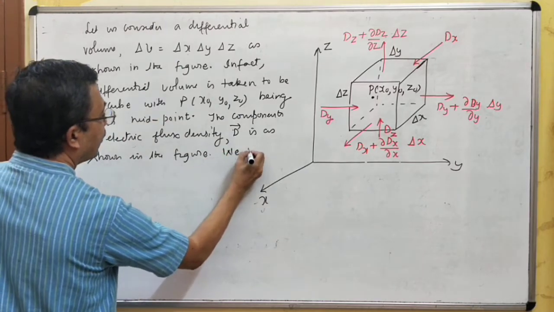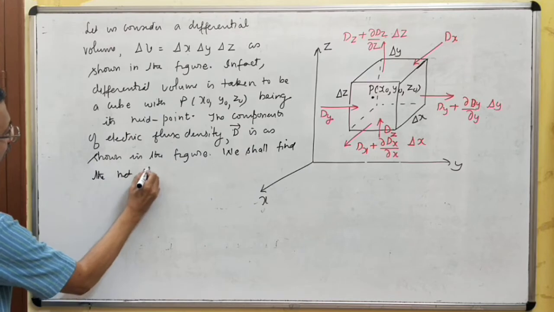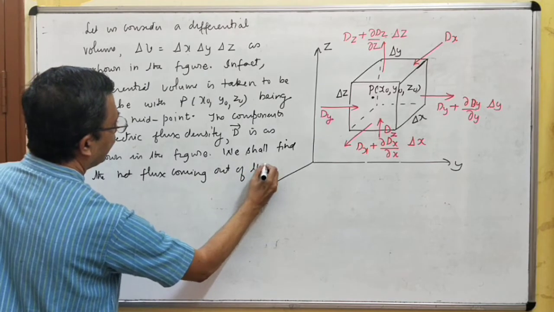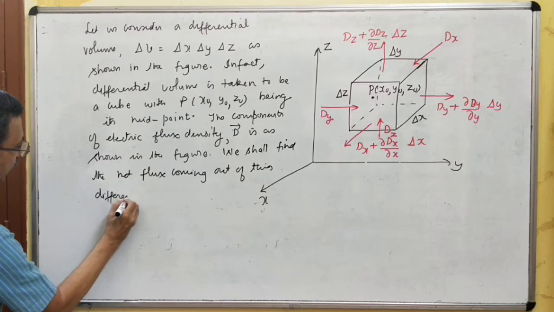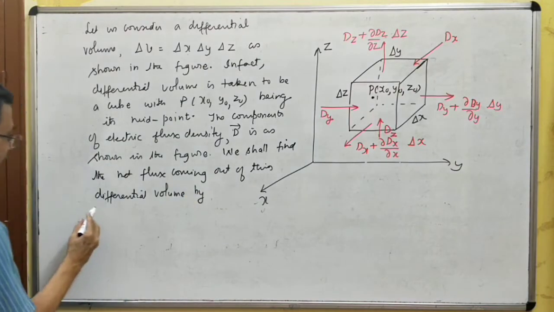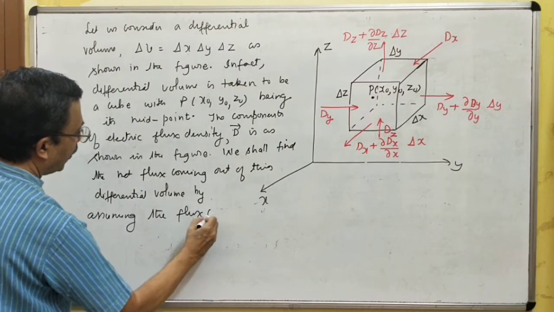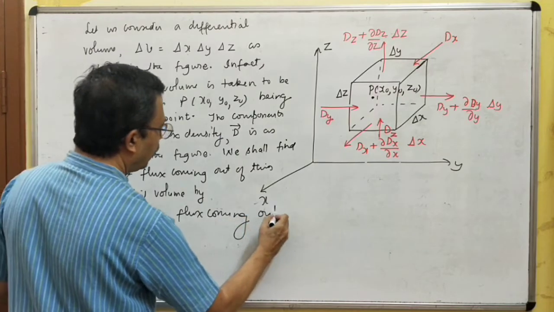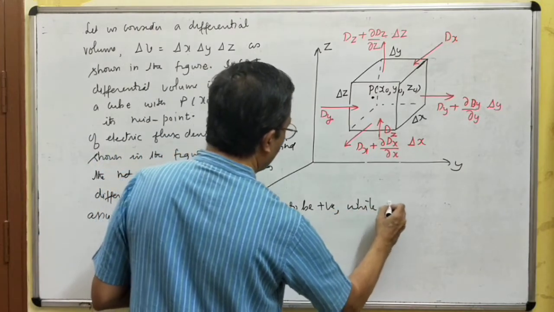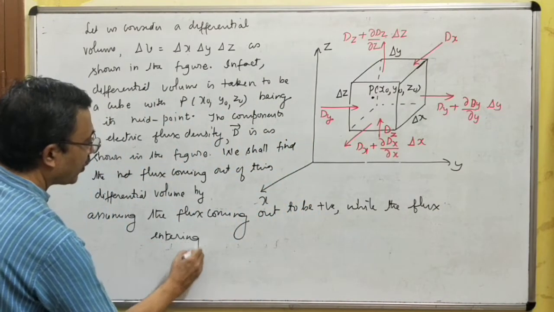We shall find the net flux coming out of this differential volume by assuming the flux coming out to be positive, while the flux entering as negative.